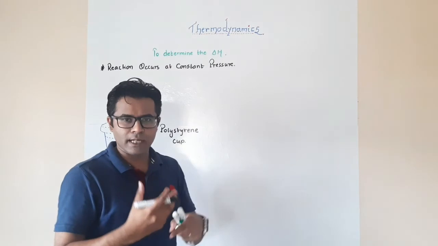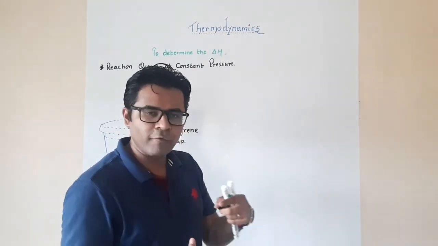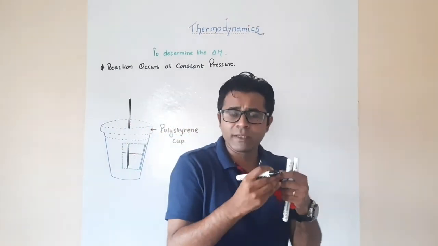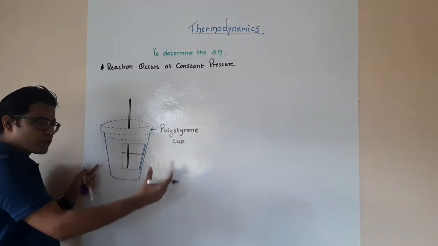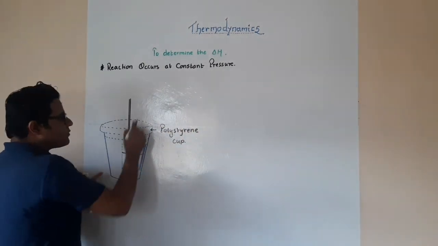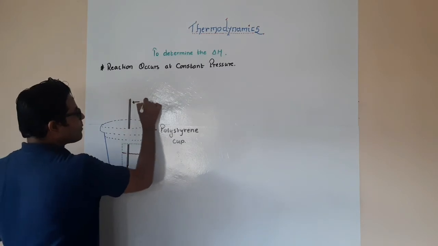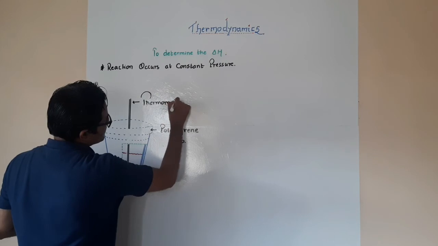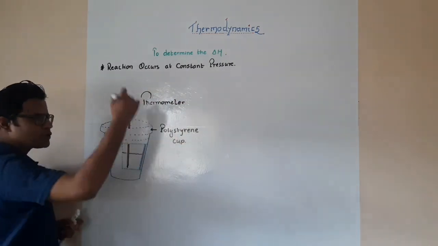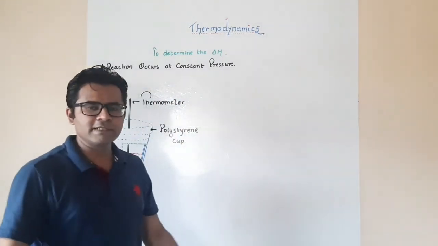The sodium starts reacting with water and the energy is given out. That energy that comes out in the form of heat, we are going to measure with the help of a thermometer. So we keep a thermometer over here and check the temperature difference, quite simple as that.